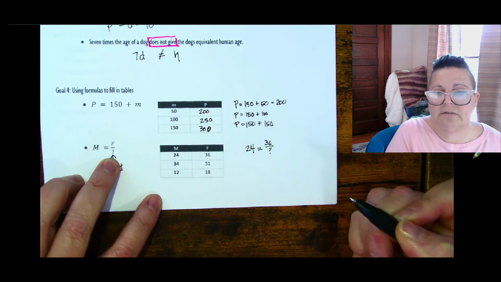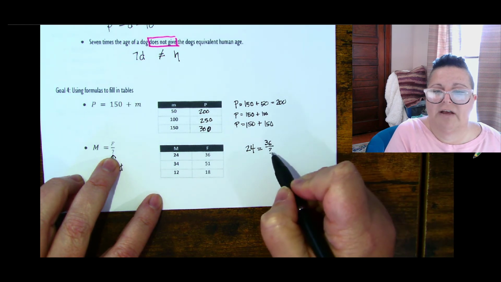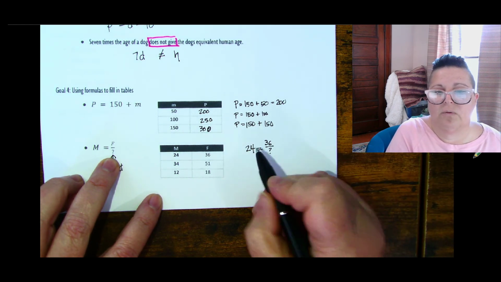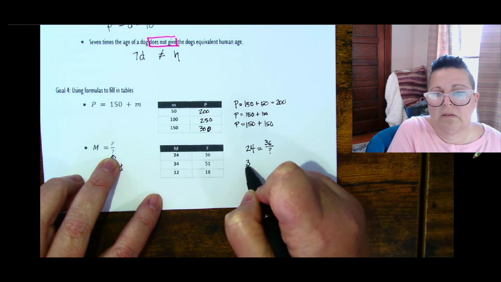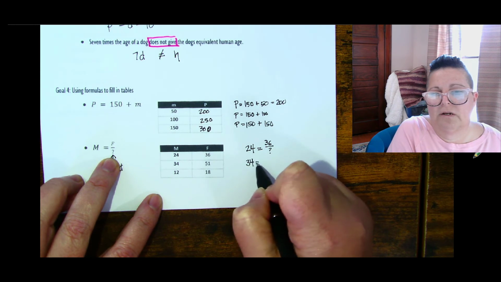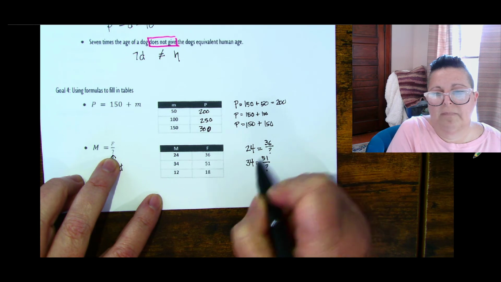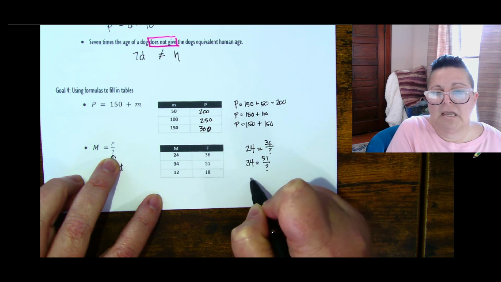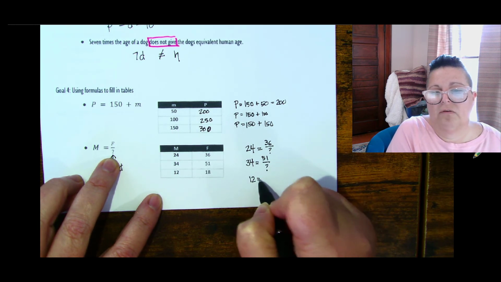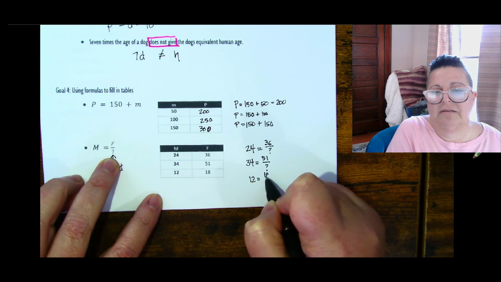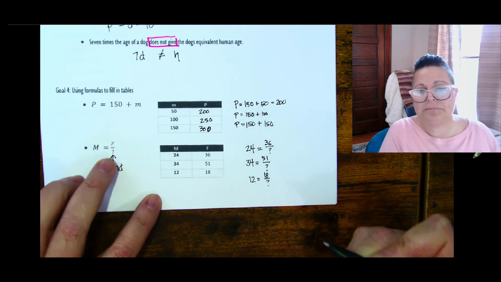I don't know what. So 36 divided by what gives me 24? 34 gives me 51 over something. And 12 comes from 18 over something.